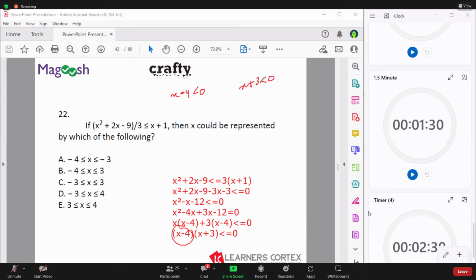One has to be negative for this inequality to occur. If one is not negative, this inequality cannot occur. So if x minus 4 is less than 0, then x plus 3 will be greater than or equal to 0. And if x plus 3 is less than 0, then x minus 4 will be greater than or equal to 0.